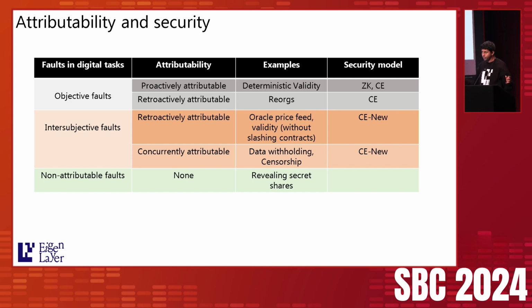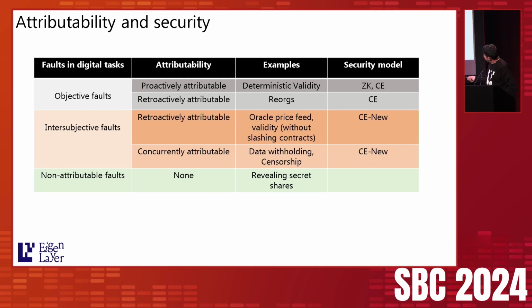Now, if a majority of the nodes met together in a private boardroom and revealed the data to somebody, there's no way for us as a society, as outside observers, to get social concordance on whether that happened or not. So this is not even intersubjectively attributable. So these are the various topographies of faults that we came up with.